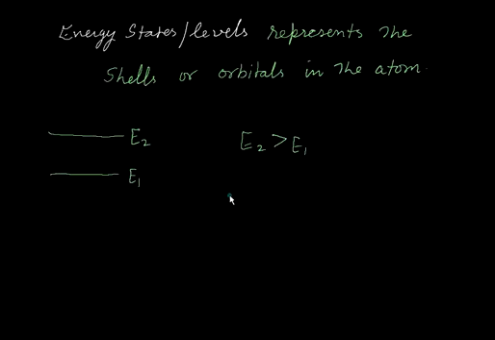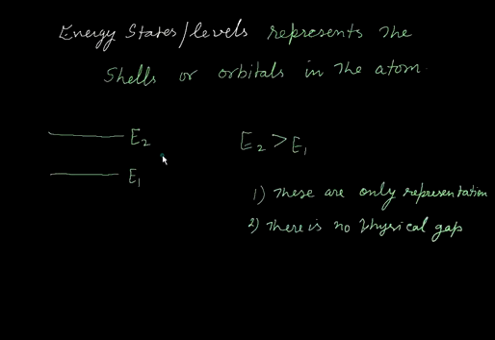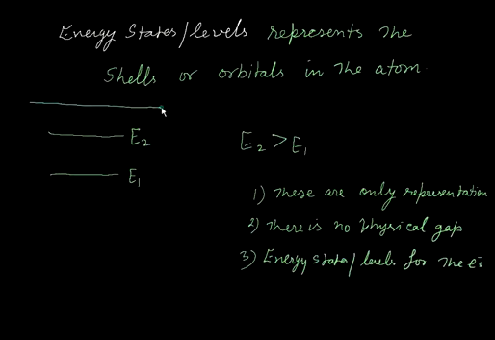These are only the representation for the energy states in which the electron exists. Number 2, there is no physical gap. Here E1 and E2 are just the energy states, energy levels for the electrons. So this concept we will use in the laser.